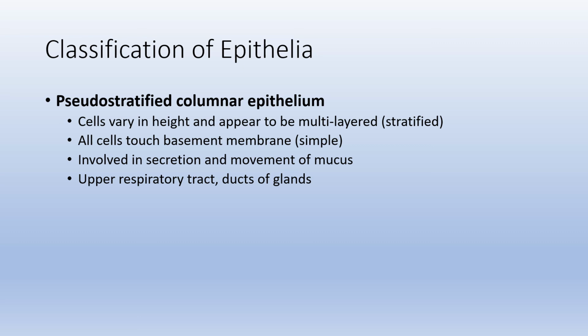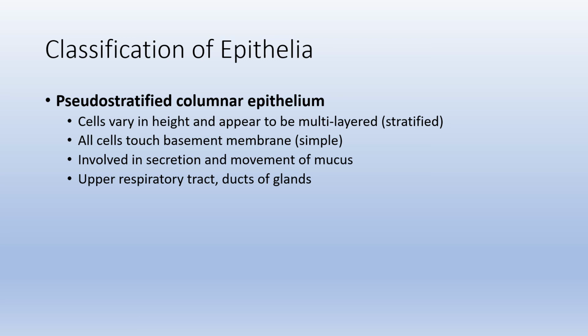That's because all of the cells that make up this epithelium touch the basement membrane, making it a single layer of cells. But pseudostratified columnar epithelium is the type of epithelium which lines the respiratory tract. So inside of your nose, throughout your windpipe, and down into your lungs.